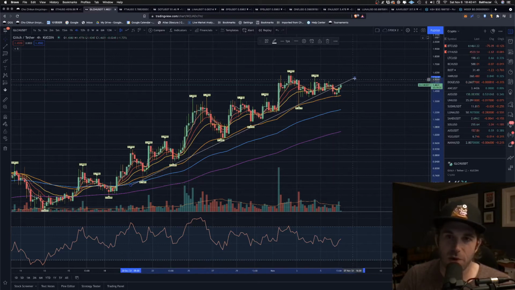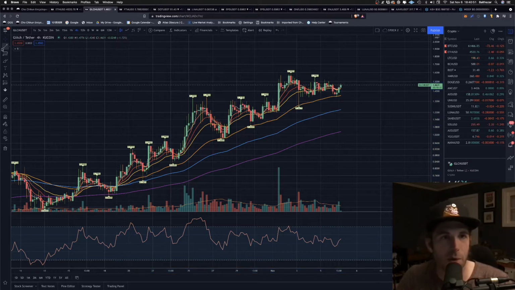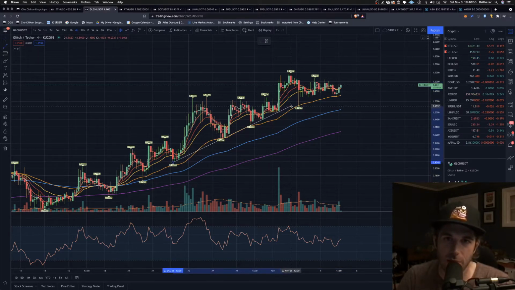When you're drawing these trend lines, you're usually looking for multiple touches. This trend line doesn't work perfectly. I think maybe a better one is something like this. This trend line is getting a lot of touches in a lot of places, so it feels like a more valid trend line.